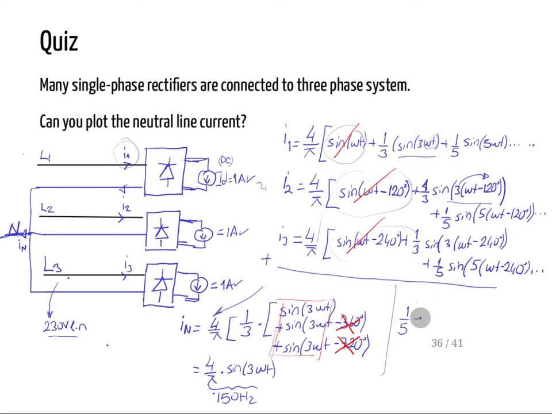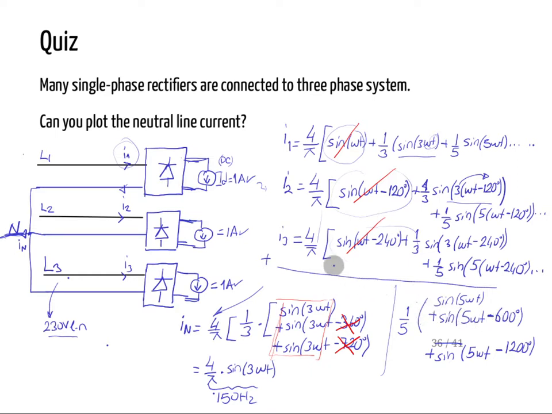I have 1 over 5 times sine 5 omega t, plus sine 5 omega t minus 5 times 120 degrees, which is 600 degrees, plus sine 5 omega t, and if you multiply that one with 5, it is minus 1200 degrees. So how does it work?